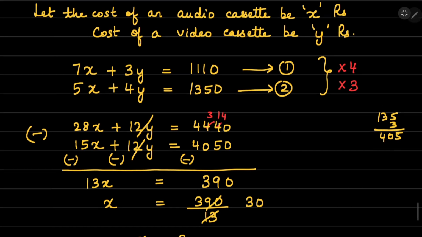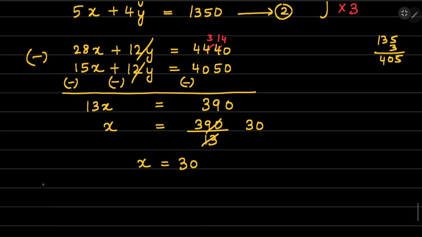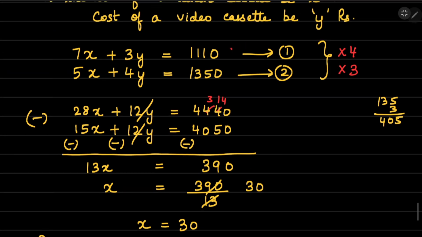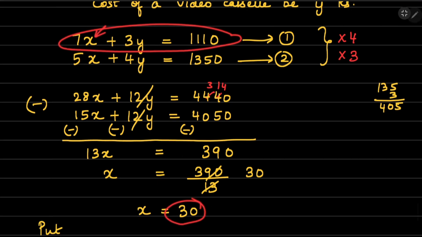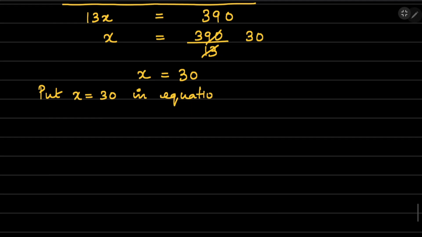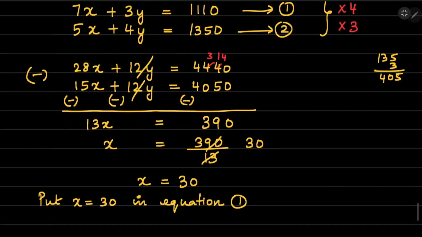Once you get x, you can put this value in any one of the equations. Let us put this in equation number 1. You have got x equal to 30. Just substitute x equal to 30 in equation 1. You have to write all of these steps very carefully.